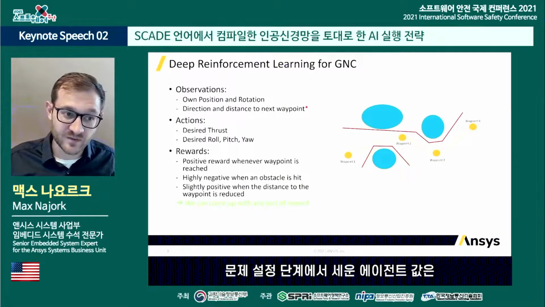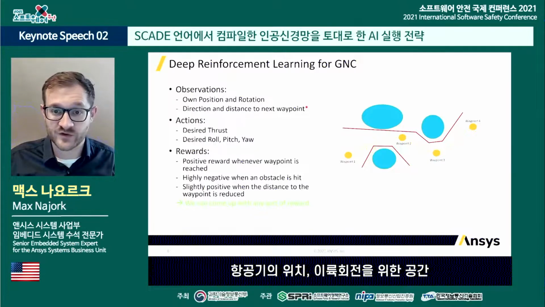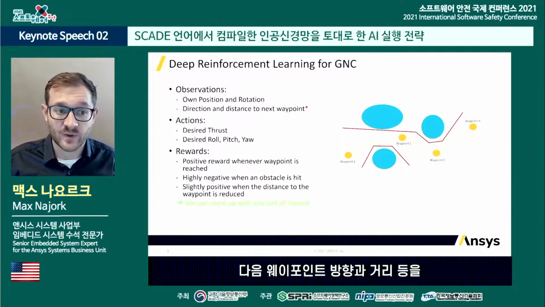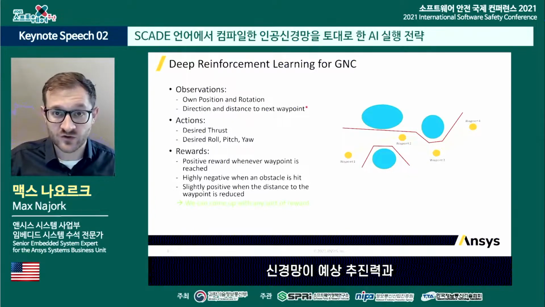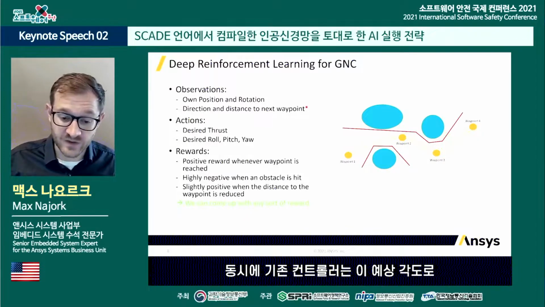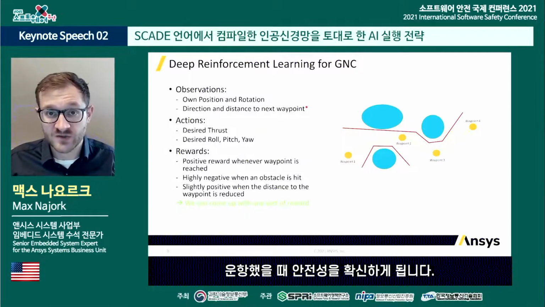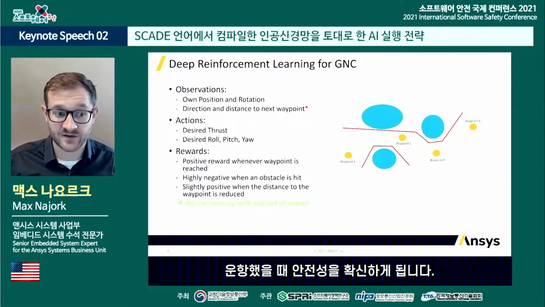So for our problem statement, we have formulated our agent to observe its own position of the aircraft, the rotation, so roll, pitch, yaw in the space, as well as the direction and distance to the next waypoint. In terms of action, the neural network controls the desired thrust and the desired roll, pitch, and yaw angles, while a subsequent traditional controller is making sure to control the aircraft itself on these desired angles.